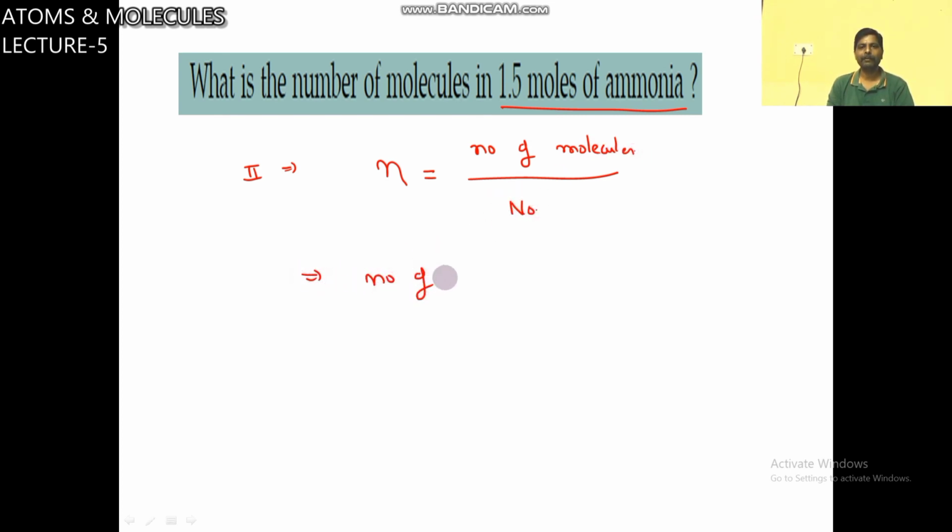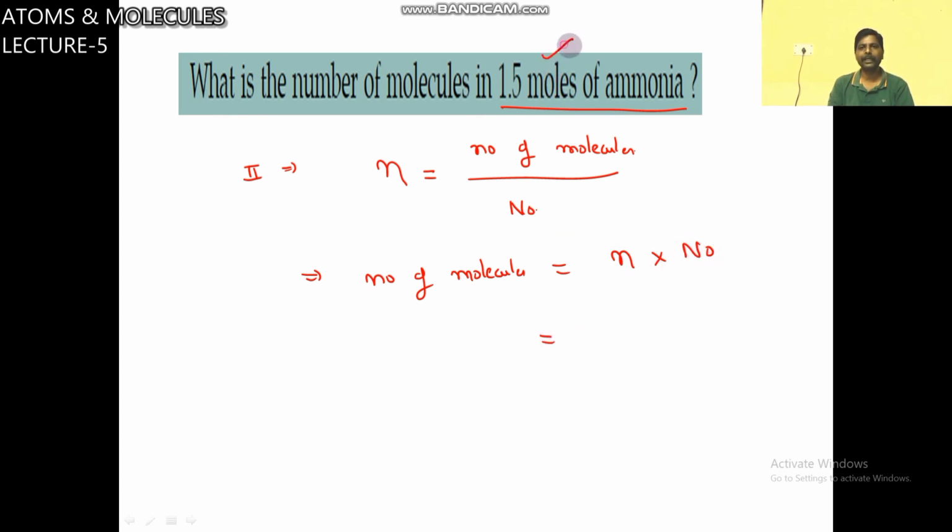What is the number of molecules in 1.5 moles of ammonia? What is the second formula? Number of moles is equal to number of molecules divided by Avogadro number. Now, how to calculate the number of molecules? Number of molecules is equal to number of moles into Avogadro number.